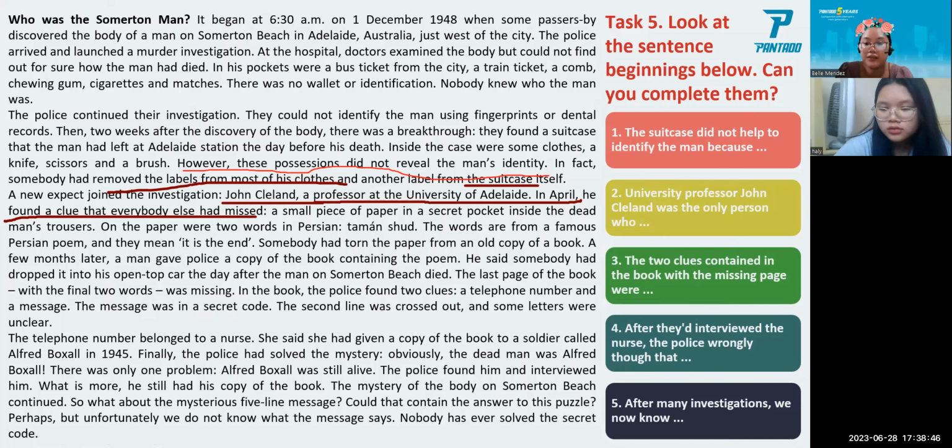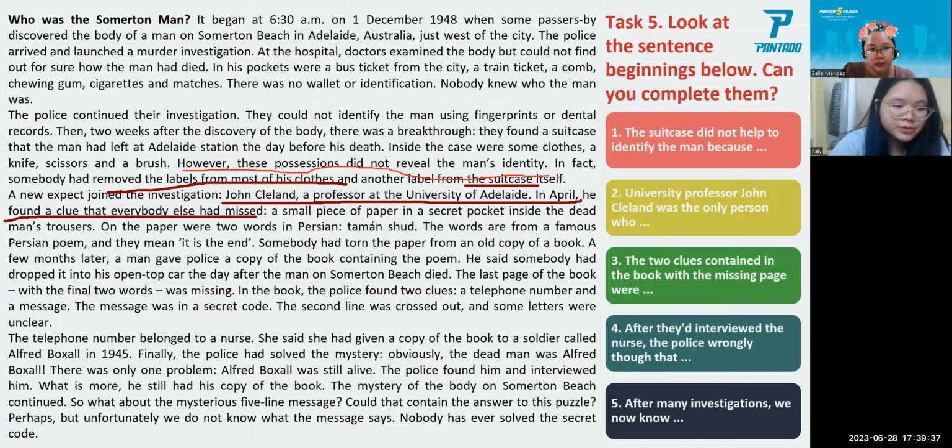Number 3, Holly. The two clues contained in the book with the missing page were... what are the two clues?